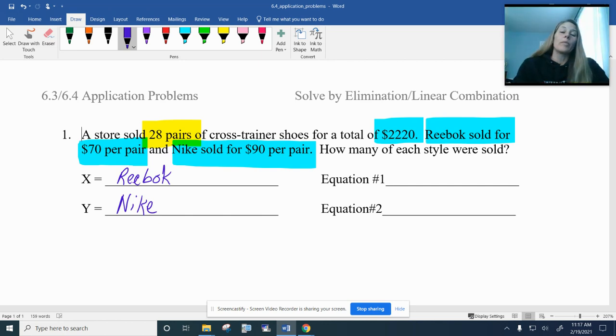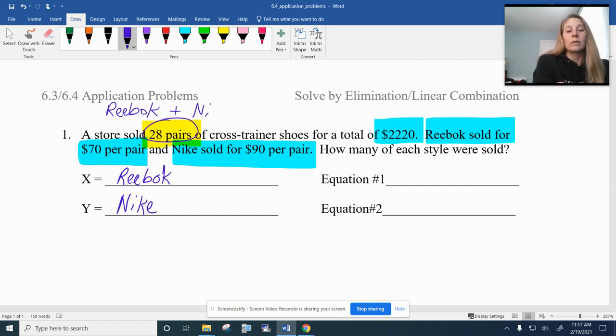Okay, so now when we come up with our equations, there's two things happening here, right? We know that there are 28 pairs of shoes, so we had the number of Reebok shoes sold plus some amount of Nike shoes sold, and that equaled a total, right?